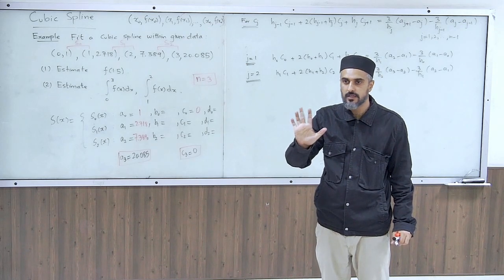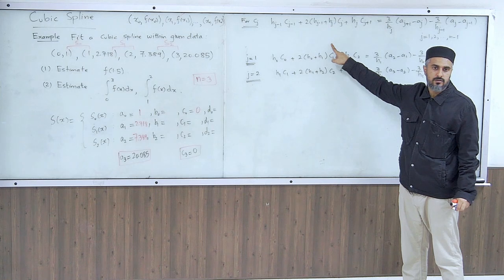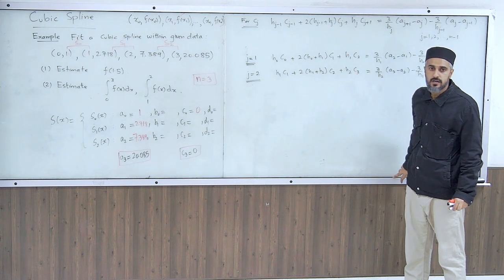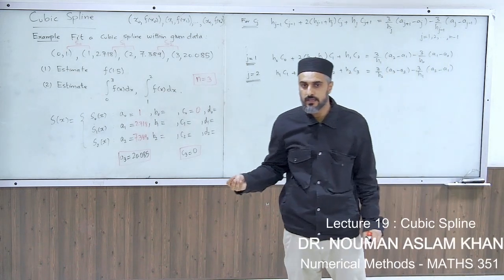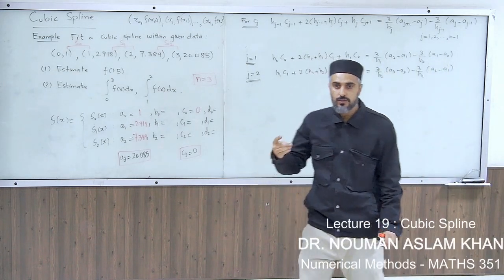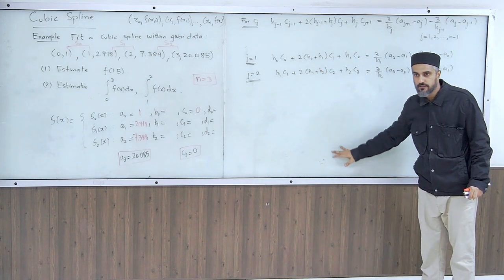Here, c0 will be 0 and c100 will be 0, but we have to find c1, c2 up to c99. So it means we'll have 99 equations.